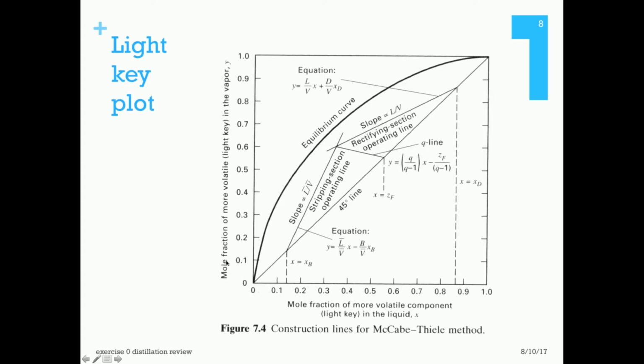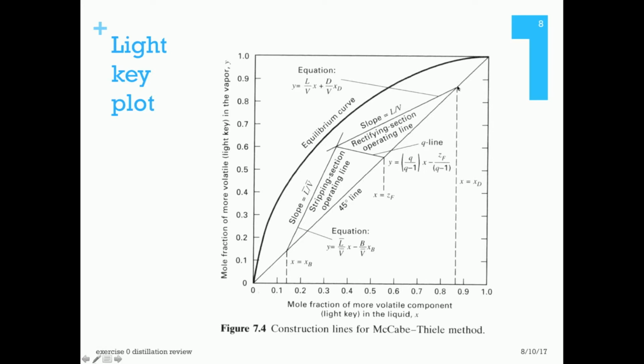And then this is the mole fraction of the more volatile component in the vapor phase. So this heavy curve is the equilibrium curve for vapor-liquid equilibrium of the light key in the mixture of the solvent. And we are just considering two components now, the light key and the heavy key.